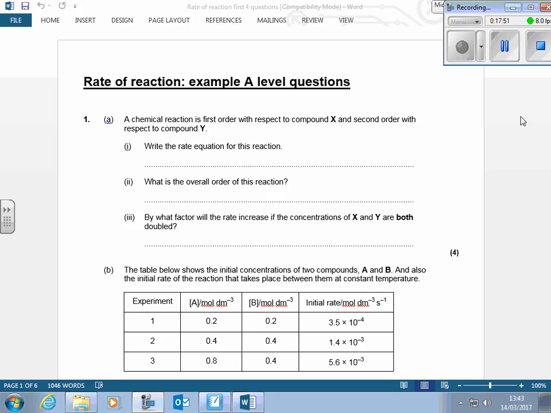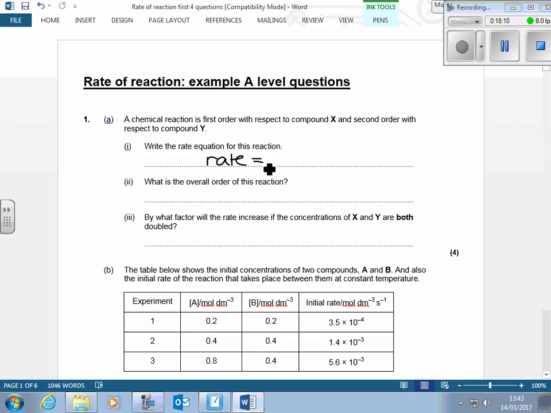The first question then: a chemical reaction is first order with respect to compound X and second order with respect to compound Y. Write the rate equation for this reaction. So what's the first thing you write? Rate equals, don't forget that bit.